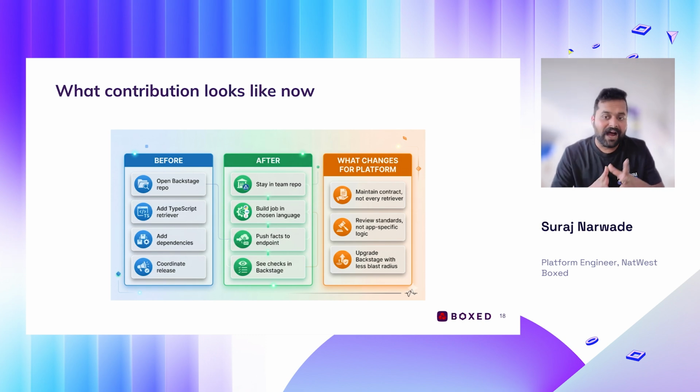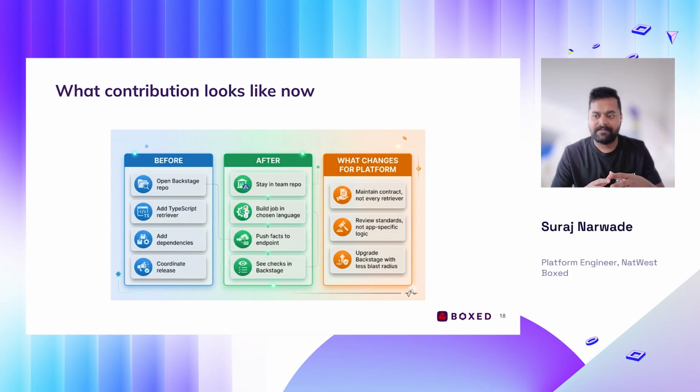Now, after doing all this, how does the contribution look like? Before, a team wanting to add a maturity signal often had to touch the Backstage repo, work within its release process, and bring their dependency into Backstage. Now, it can stay in their own repo. They can write the job in the language which fits the system they are integrating with, and they push the facts to the shared API server we talked about.